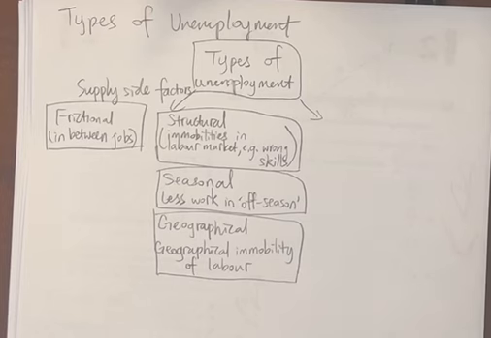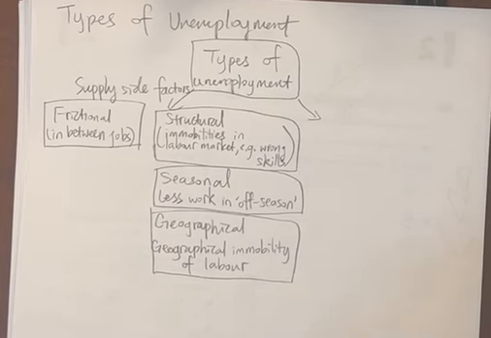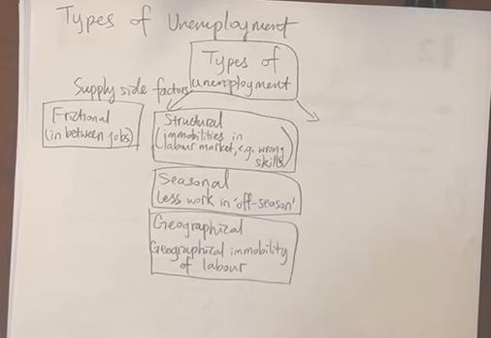Okay. And then two other terms I want to specify here are, first of all, real wage unemployment. The real wage is the wage above equilibrium. Think about it: the real wage is the nominal wage minus the effect of inflation on the wage, right?